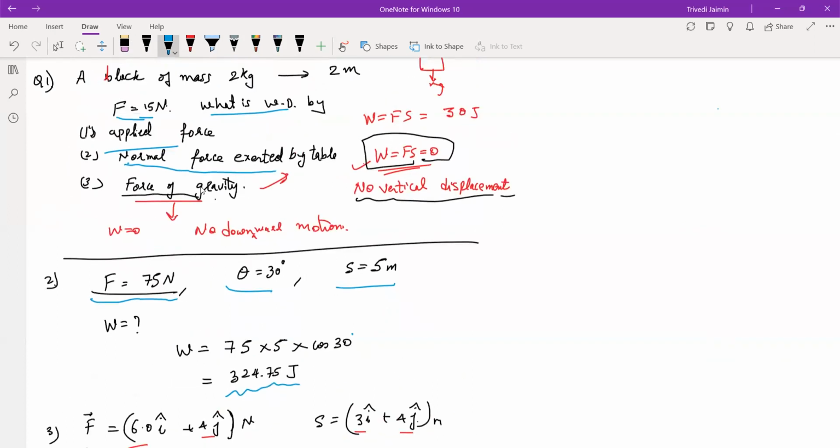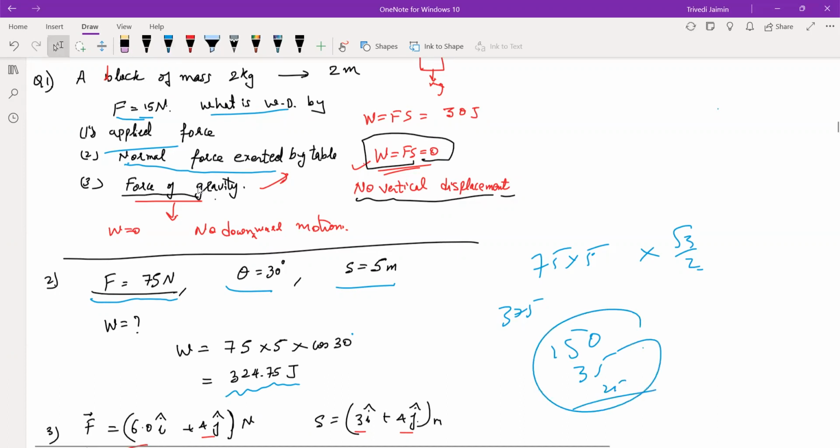No problem. You have to be quick in oral calculation. It will help you. Let's see a simple way: 75 into 5 is 375, into root 3 by 2. 375 divided by 2 is 187.5, and into root 3 of 1.73 we can get this.